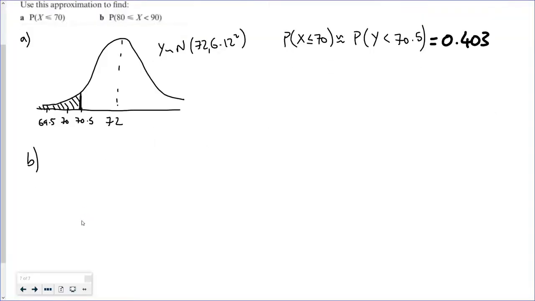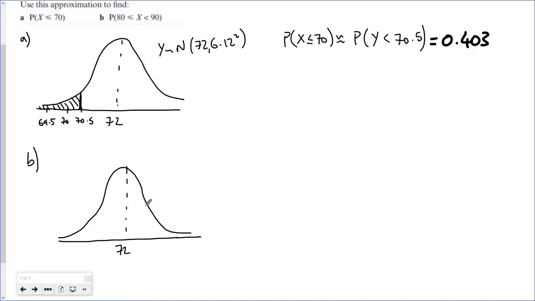And we could do a similar thing for B, if we sketch out our normal distribution again, just to help us think about what's going on. So I'm going to put on 80 on my diagram.